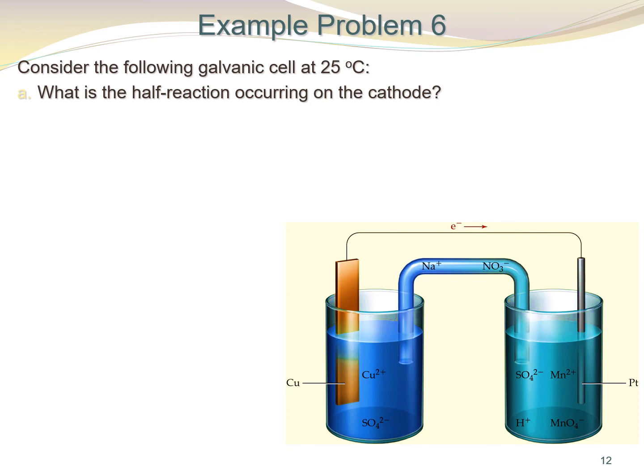With the electron flow going like this, we realize copper is where the electron comes out, and that is the anode. Electron going in is what we call the cathode. So we focus on the reaction that occurs in this beaker.